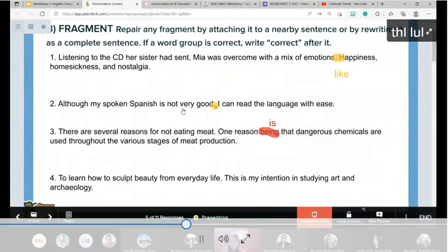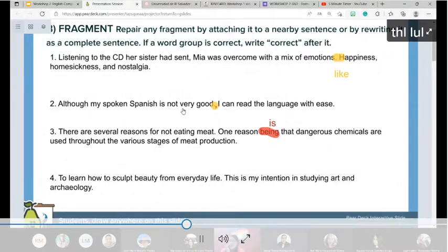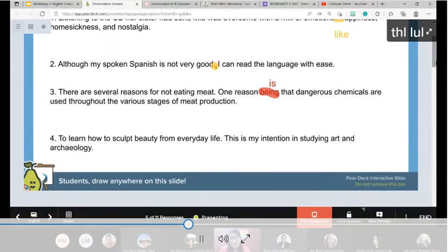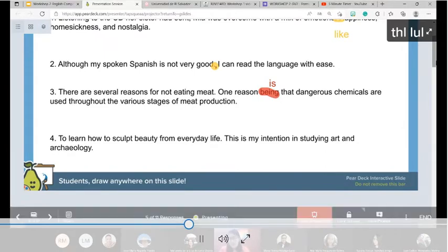Now let's check number 2. Although my spoken Spanish is not very good, I can read the language with ease. Easy to fix. We just add a comma right here. Nicely done. Number 3, there are several reasons for not eating meat.